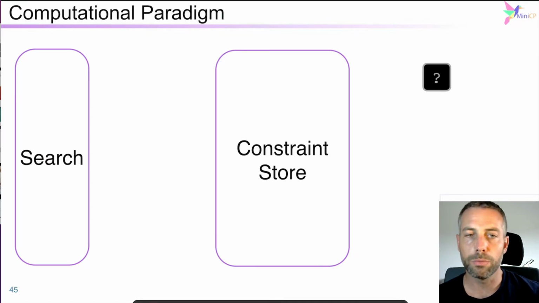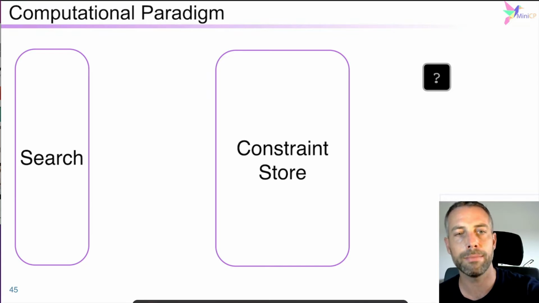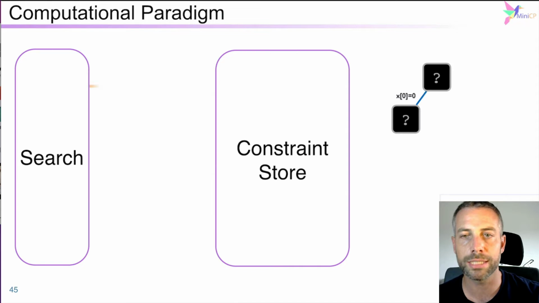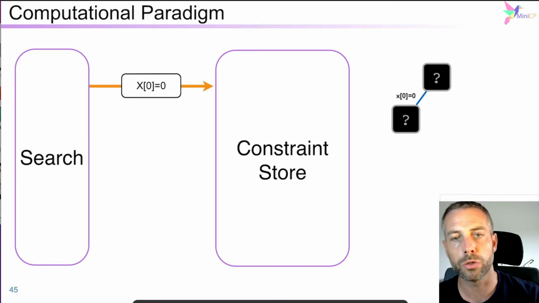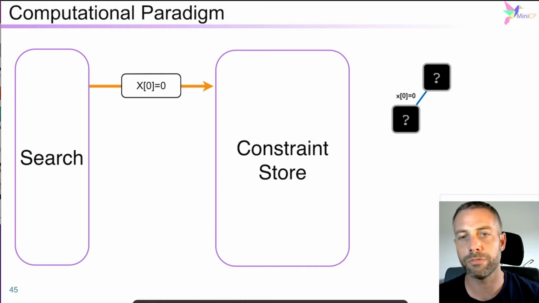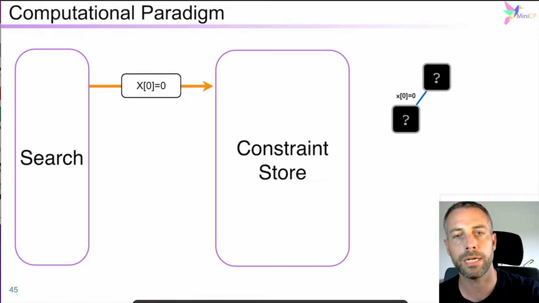That's for the fixed point algorithm. When is it computed, the fixed point algorithm? It's computed every time the search makes a decision. So every time the search takes one branching decision, like the queen at index 0 should be placed in row number 0, in that case, we compute the fixed point algorithm, and we will shrink the domains of the constraint store using the fixed point algorithm.